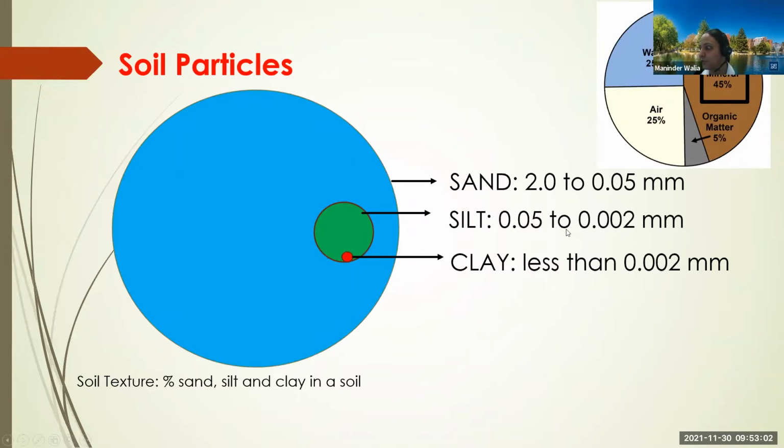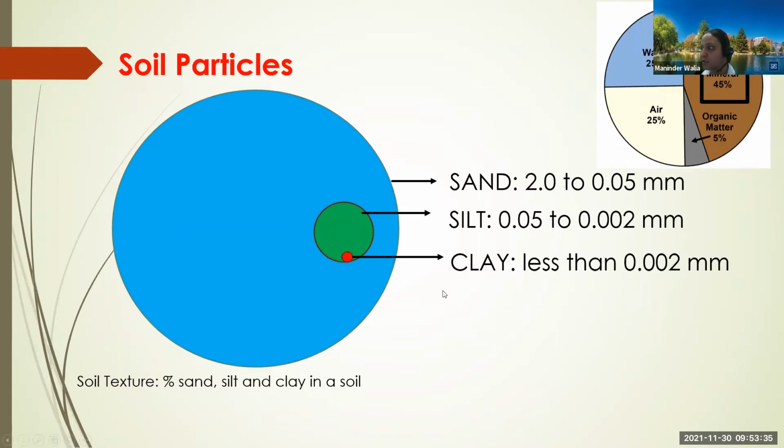The next smallest particles are the silt particles, ranging in diameter between 0.002 and 0.05 millimeters. When we touch silt, it feels soft, silky, or like flour. The largest particles are the sand particles, which are larger than 0.05 millimeters and go up to 2 millimeters in size. We can feel grittiness when we touch sand. So the proportion of these three particles will dictate the soil texture. It is very important to know the soil texture, as other properties are dictated by it.